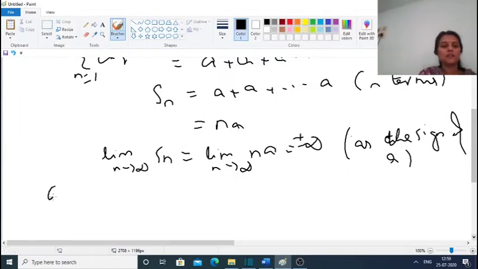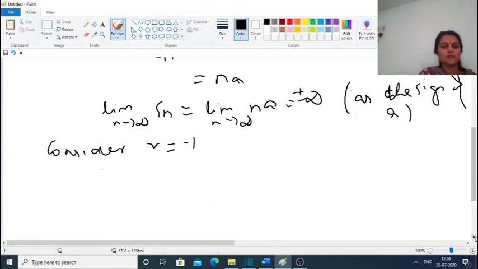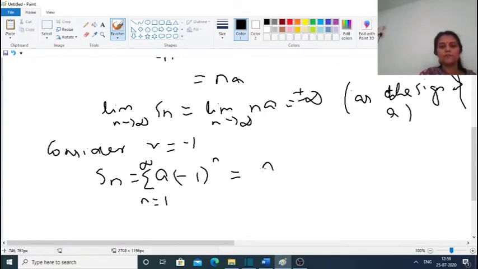Now consider r equal to minus 1. The series Sn is equal to sigma n equal to 1 to infinity a into minus 1 raised to n, which is equal to minus a, plus a, minus a, plus a, etcetera, n times.